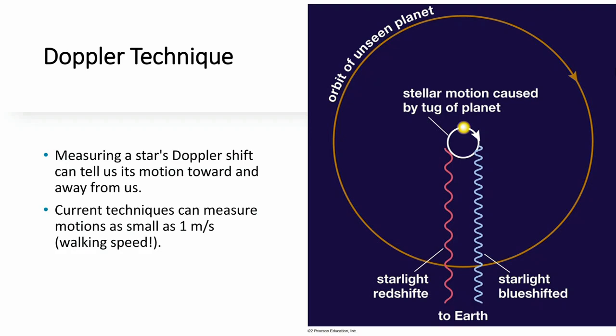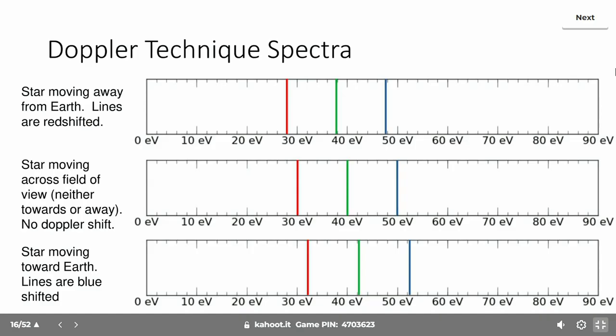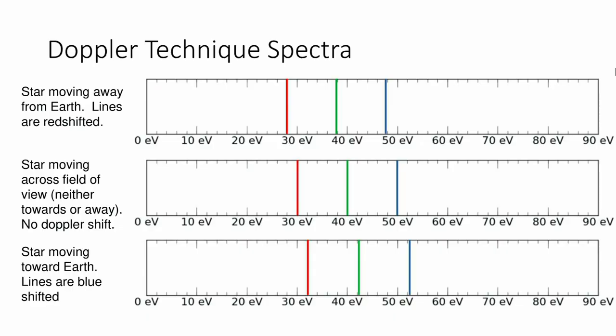So we can measure these Doppler shifts for motions that are as small as 1 meter per second. So that's like walking speed for a human. So we have very sensitive instruments that can detect these kinds of motion. And so as an example, you might have the middle spectra where these lines match up very nicely with, let's say, hydrogen absorption features in the star's atmosphere.